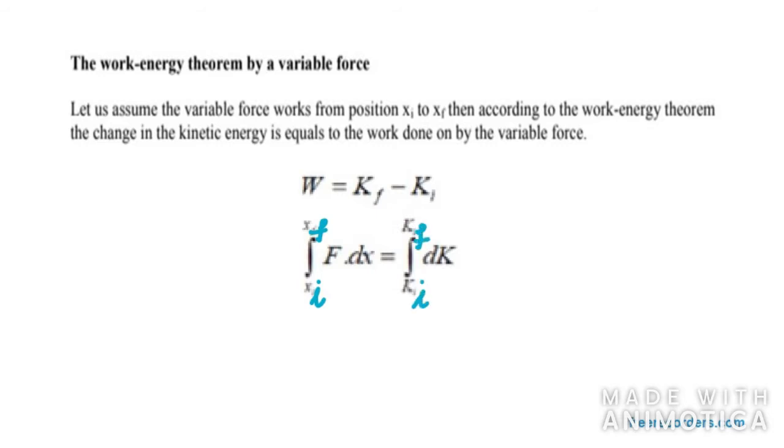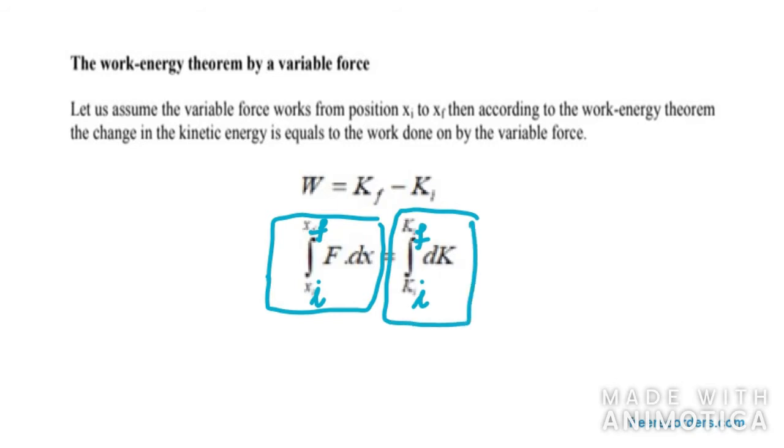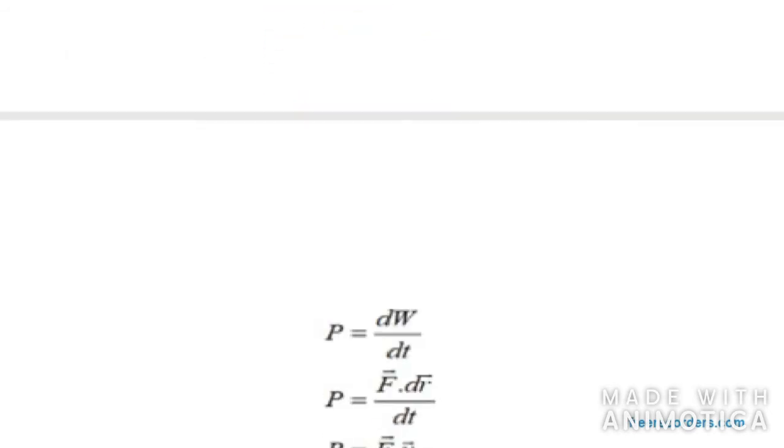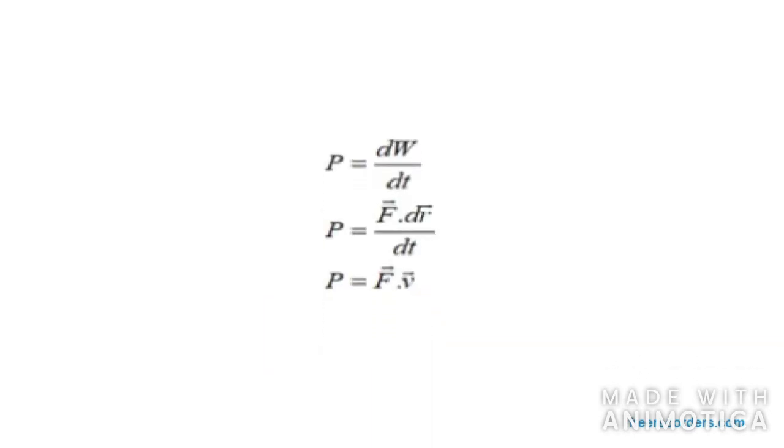So this is the work done because this involves F dx and this involves kinetic energy. So that's why they are equal, because work done is nothing but the change in kinetic energy between the initial position and final position. So that's why the formula is here. It is the same, but in this case we have a variable force, that's why we need to take integration into account.